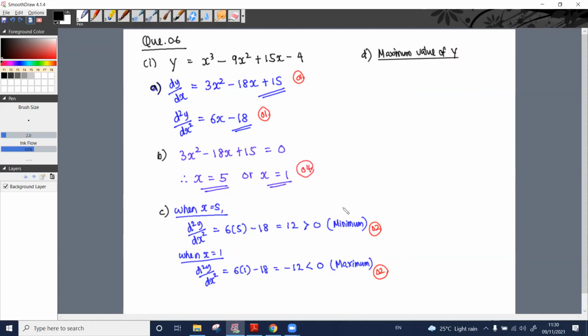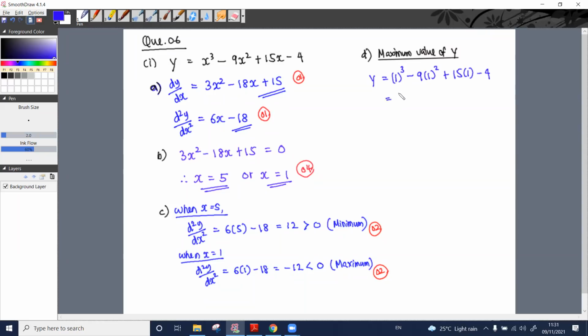What is the maximum point? The maximum point is when x is equal to what value? 1. When x is equal to 1, there is a maximum value. So for this function, instead of x, we need to substitute 1. 1 minus 9 into 1 squared plus 15 into 1 minus 4.